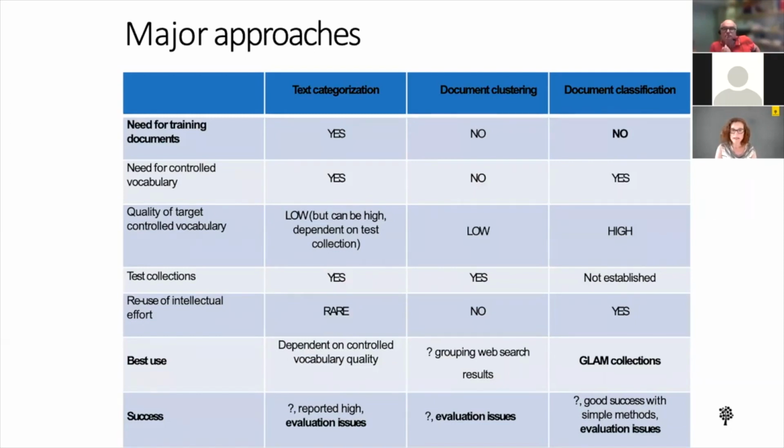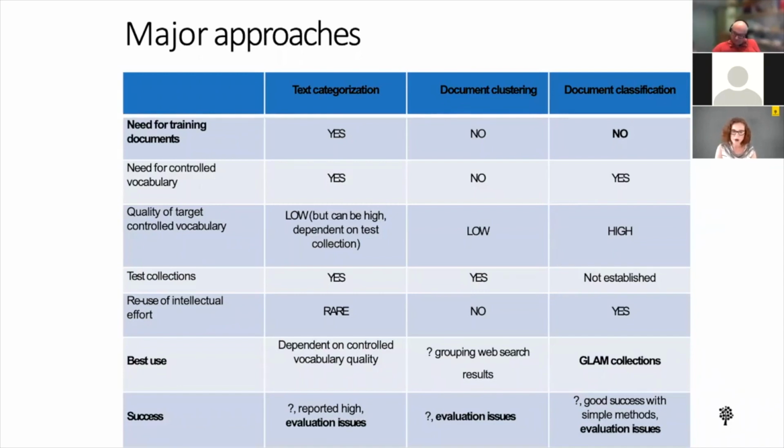Another problem with text categorization is, although it's a highly researched approach, the way it's being evaluated is on established test collections conducted outside of context, and it has also been shown that even small variations in these test collections result in very different results or different enough.